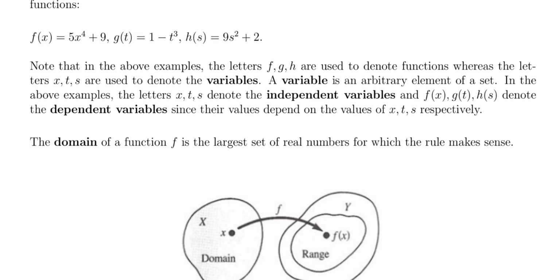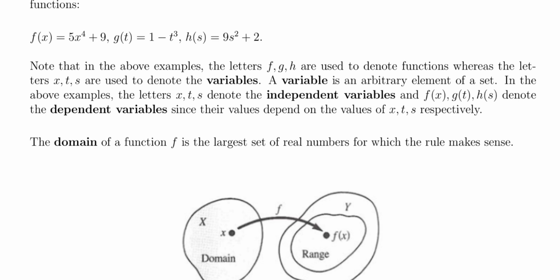Since I've said that x is a random value that we are just picking from nowhere, that is, if you are not given the range of x values, x is just a number that we think about, and after we think about it, we plug it into the function. When we plug it into the function, we produce an output y, and the group of all the outputs is called the range.